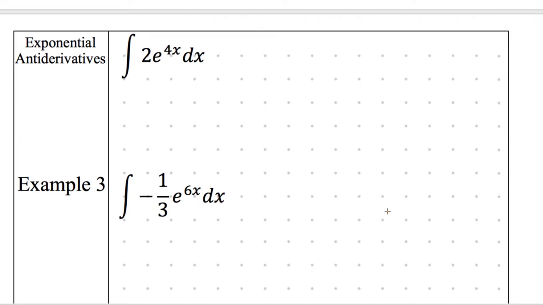Exponential antiderivatives. So when I take the derivative of e to the 4x, this is something that's kind of cool. You guys are just following along with me. This turns into the integral of 2 times something. We still need U-substitution because we have an inner of 4x.